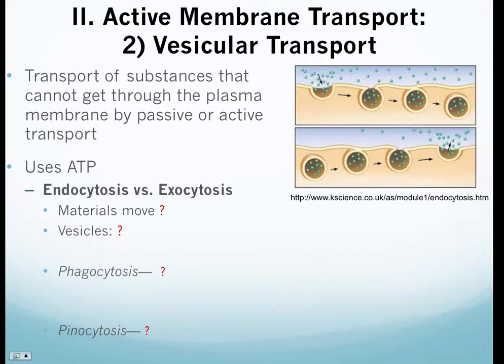The second time we're going to need energy is when we use vesicular transport. Okay, and so in this instance, sometimes if the cell wants to take in fluid from the outside, it can actually cause part of its cell membrane to come in and pinch to form a vesicle. So vesicles are membranous sacs formed from the plasma membrane.